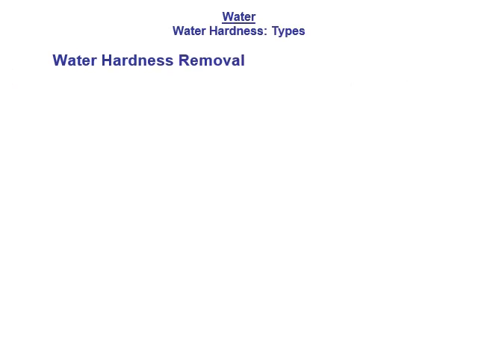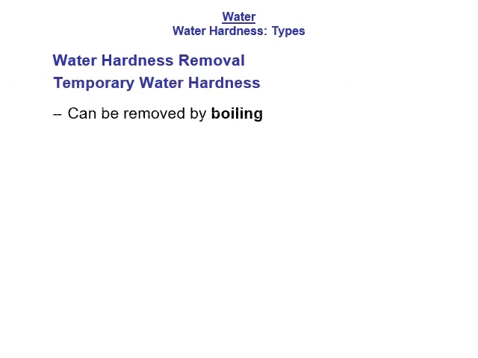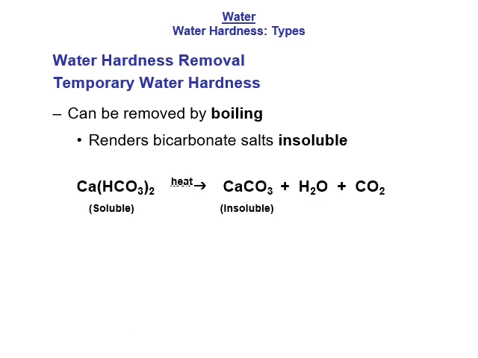So how do we get rid of water hardness? Well, temporary water hardness can be done through boiling. As you boil this temporary water hardness, that's going to render the bicarbonate salts insoluble. So when we say insoluble, it's no longer being dissolved by water, and it will just kind of fall out, oftentimes in little clumps. And so this is kind of the process of it.